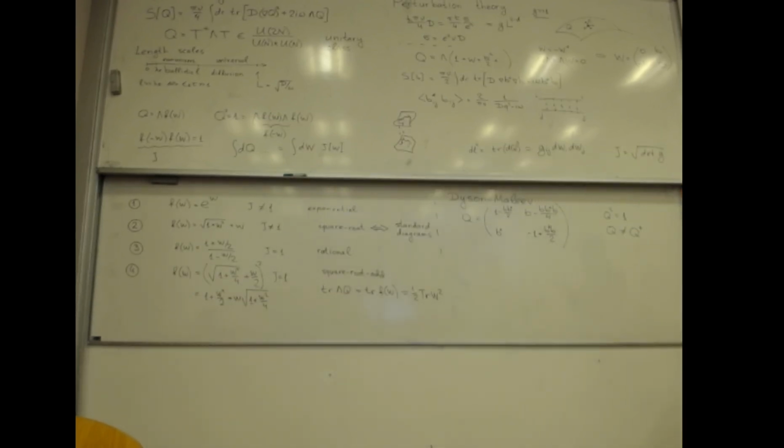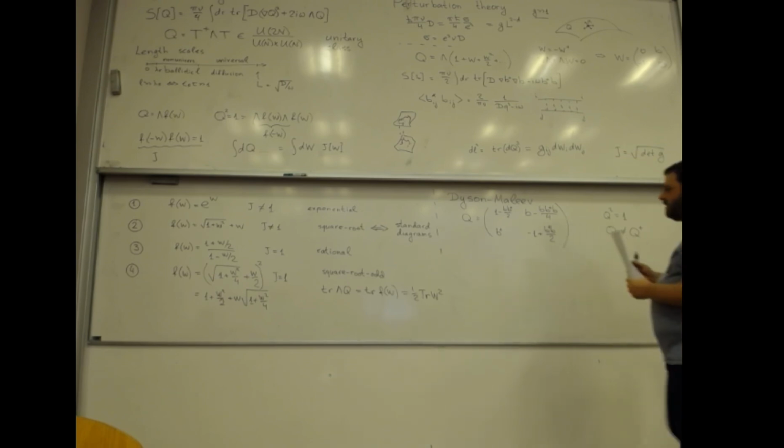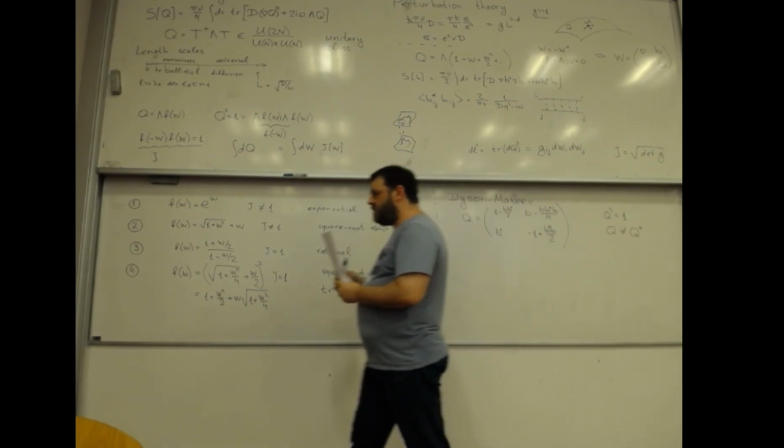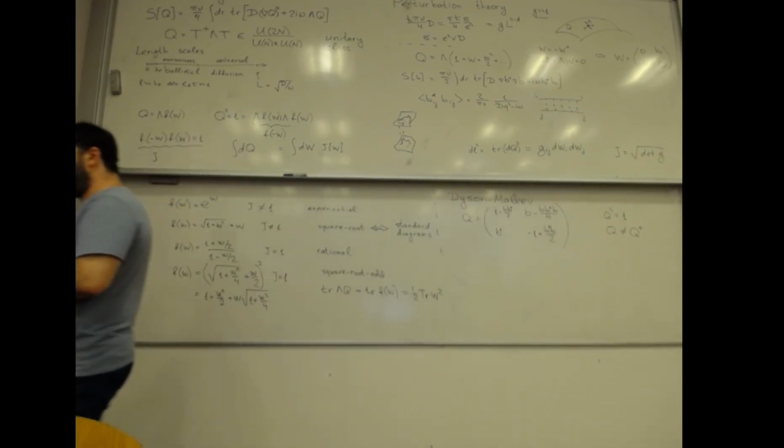How can we see that, now that the manifold, instead of living in real space of Q's with real coordinates, we extend it to complex ones, and we say, okay, Q equals Q dagger is not essential, but why is Q squared equals 1 still essential? How can we see that? Because I can just say, okay, I'll deform it to something that is not Q squared equals 1.